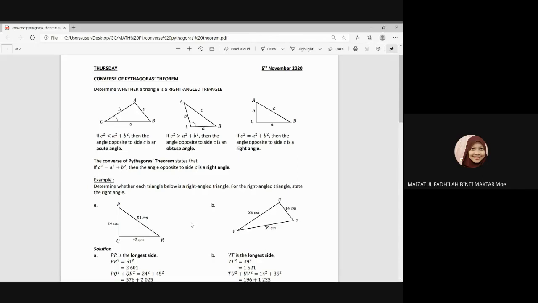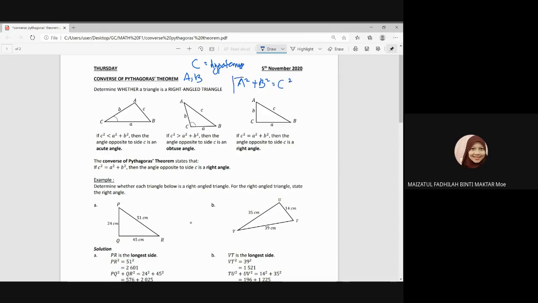Okay, how do you check the triangle? You need to use the formula that we already learned before. We assume the hypotenuse is C, and A and B are the other sides. So by using the formula that we learned before, A square plus B square equals C square.